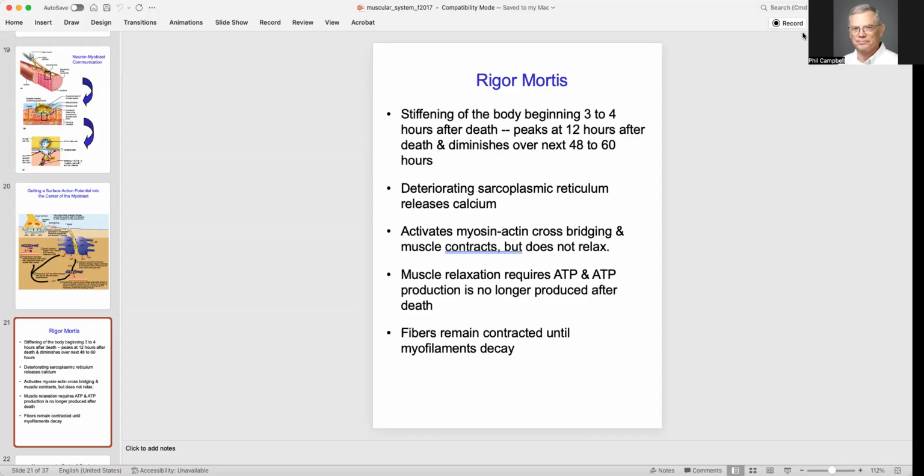This happens within hours of death because of the degradation of the sarcoplasmic reticulum membrane, the release of calcium, the induction of contraction, but we can't relax. Now, what happens many hours later is that, remember, the first thing to degrade was the sarcoplasmic reticulum.